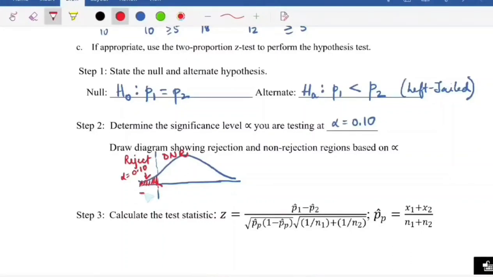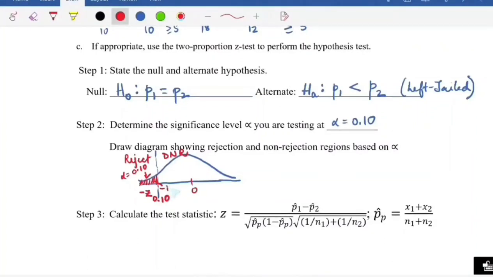All right, so it's going to be negative z of 0.10. Negative because the z value is located on the left hand side of the midpoint 0, the center point, right? And we will come up with a critical value of negative 1.281 if you look up the table.